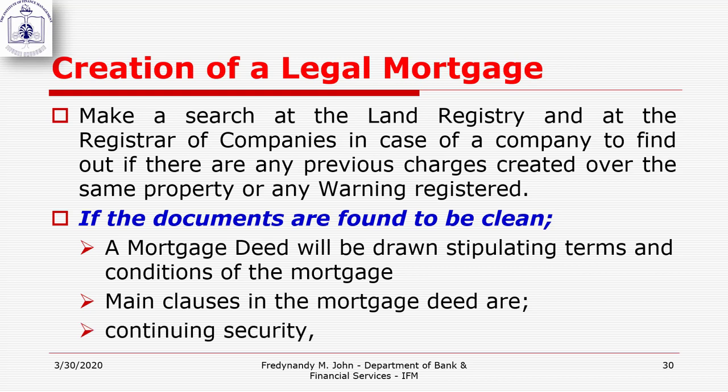As I mentioned earlier, number one is continuing security. By saying continuing security, it means that the mortgaged property will serve as the security for that particular mortgage for the entire tenure of the mortgage. There's no way it can be discharged before the lapsing of the mortgage contract. The payment on demand is like a covenant to be used in case of moral hazard.